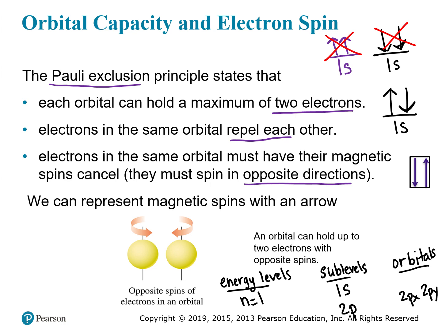So you can break down the sublevels into orbitals. And each of those orbitals can hold 2 electrons. We're getting to that point. So I haven't fully described orbitals yet.